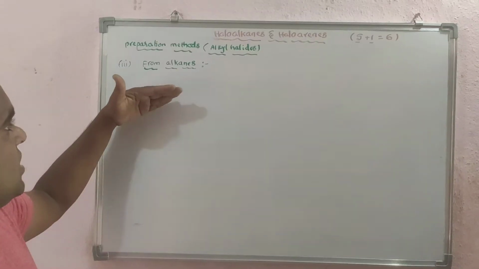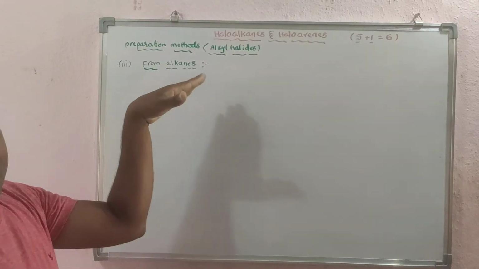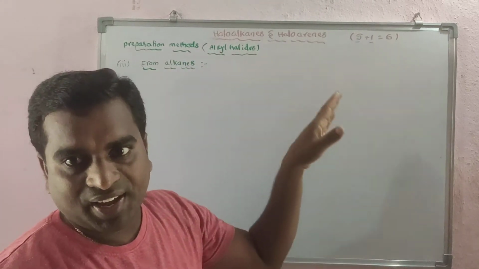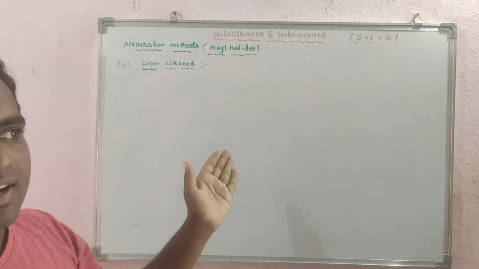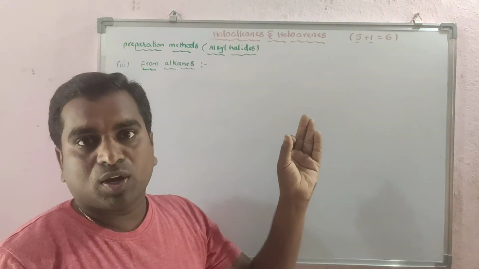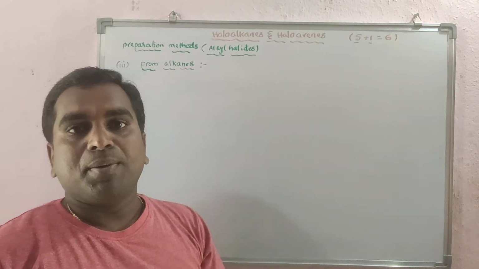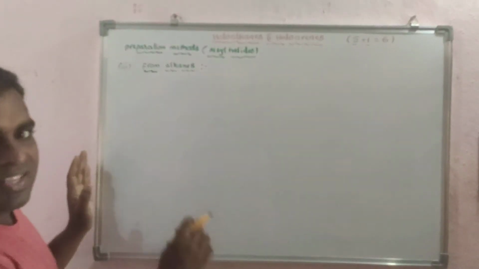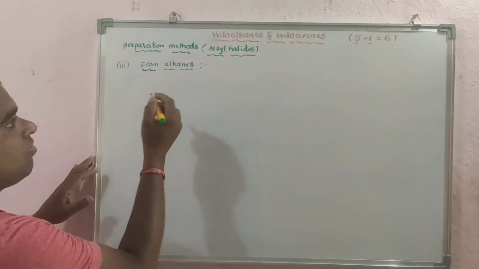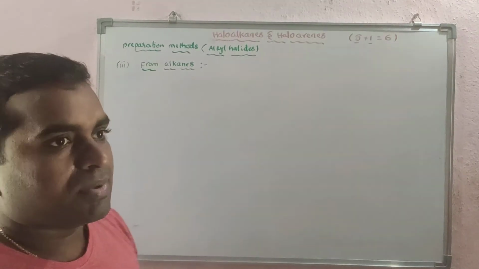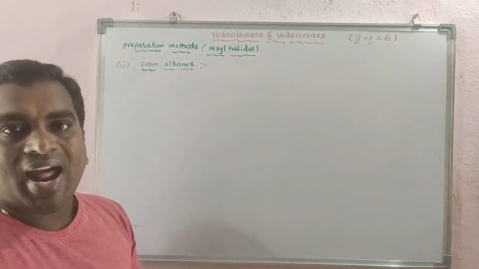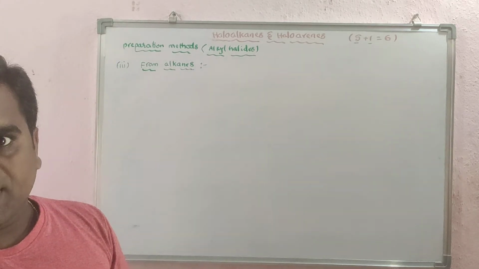So the next preparation method is from alkanes. Alkyl halides can also be prepared from alkanes by treating them with halogens, mainly chlorine and bromine, in the presence of light. Mainly by using this method we will prepare alkyl chlorides and alkyl bromides.